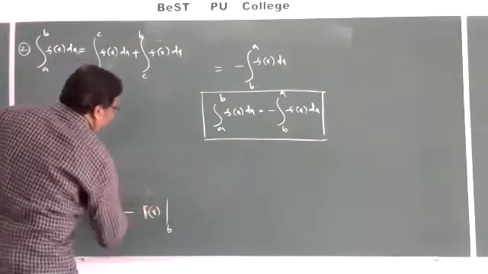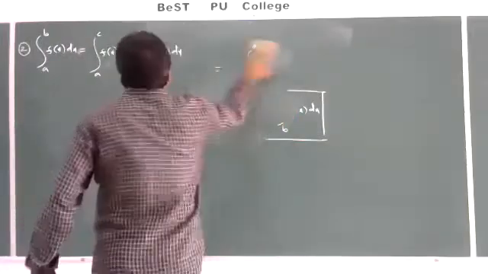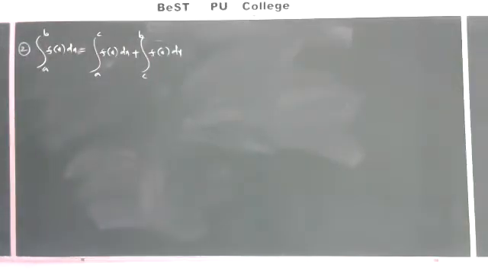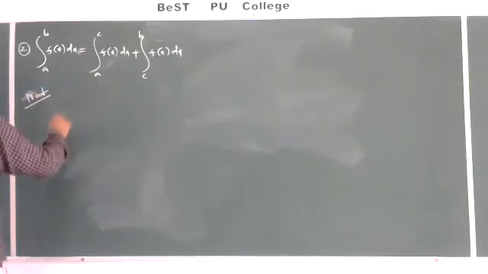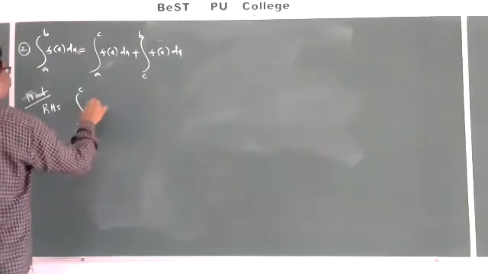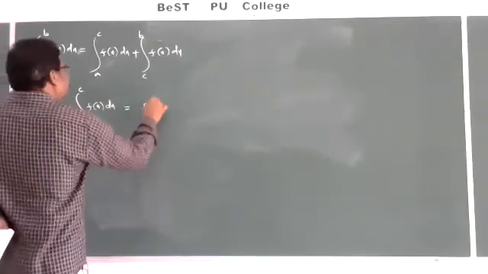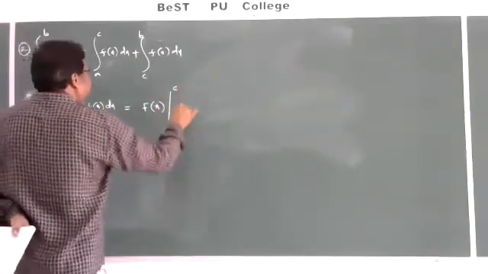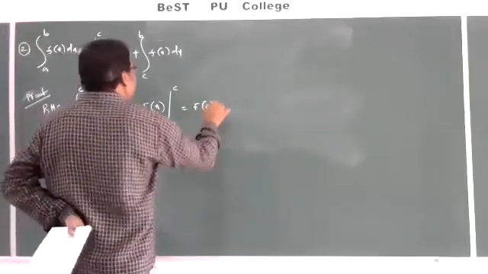Integral a to b f of x dx is equal to integral a to c f of x dx plus integral c to b f of x dx. First you take the RHS proof. Integral a to c f of x dx is equal to capital F of x from a to c, that is F of c minus F of a.